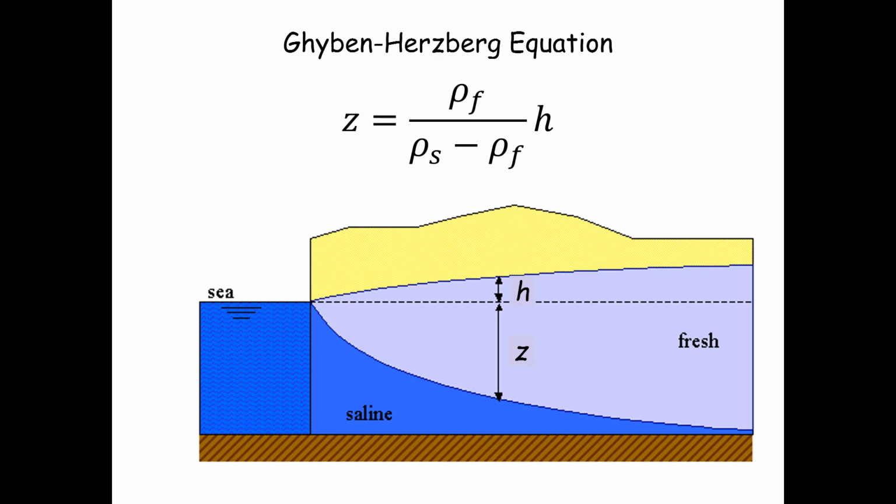If we plug in typical values for these densities, we get a very simple equation. z equals 40 times h. In other words, the freshwater-saltwater interface is 40 times deeper below sea level than the height of the water table is above sea level. This result is called the Ghyben-Herzberg equation after the two hydrogeologists who first derived it.